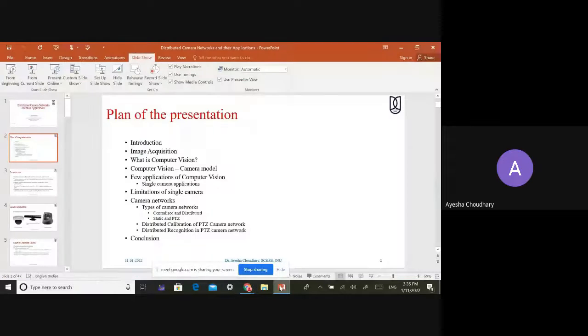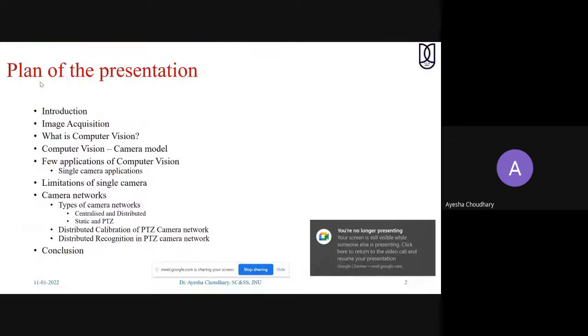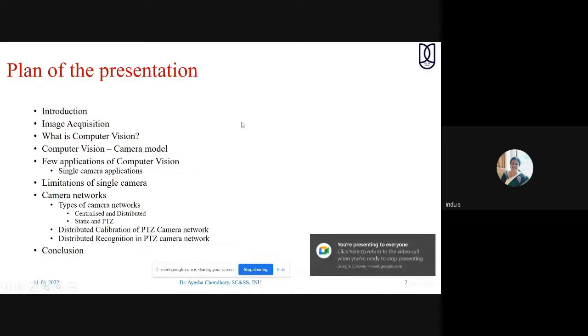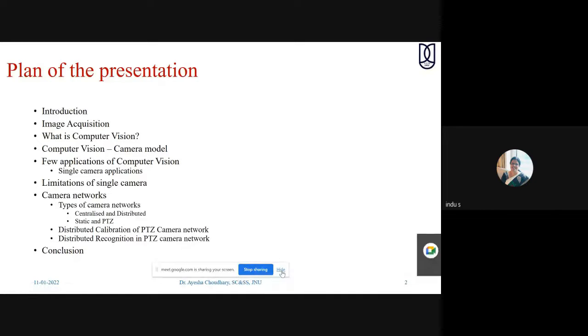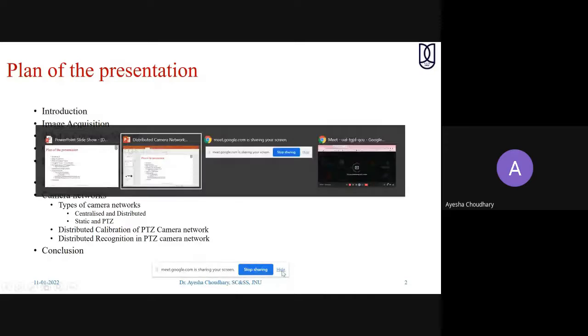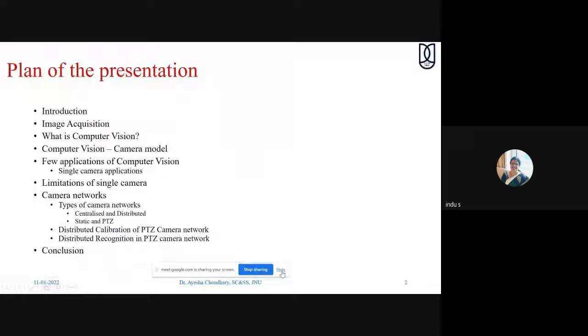Is my screen visible now? Yes, visible. Is it in slideshow? It is visible now and it is in full screen mode. This is fine. Thank you so much. So sorry for all this confusion. So this is the plan.